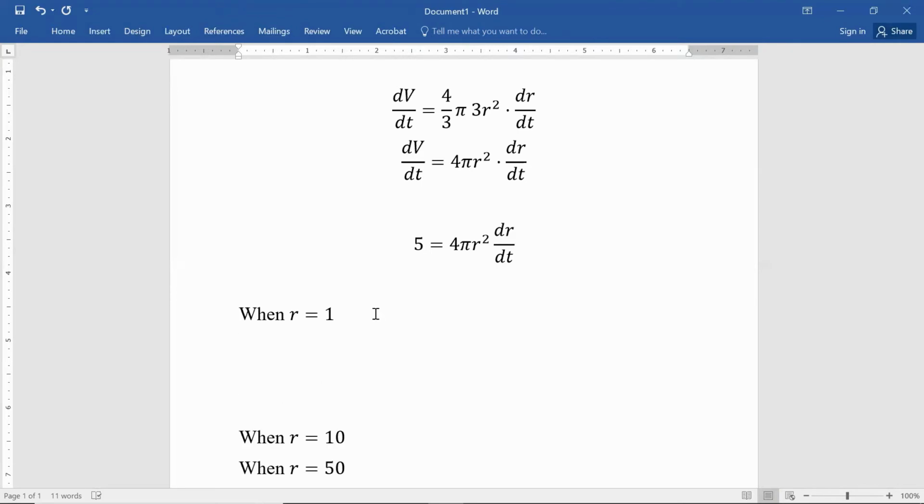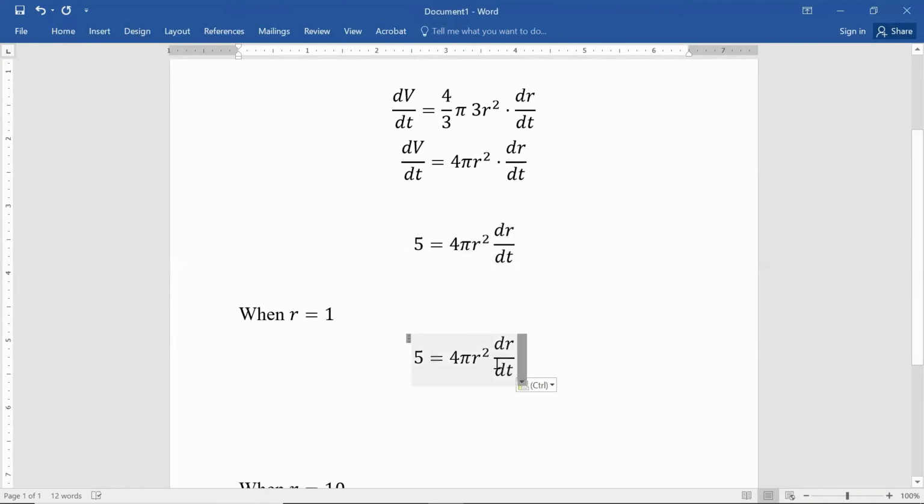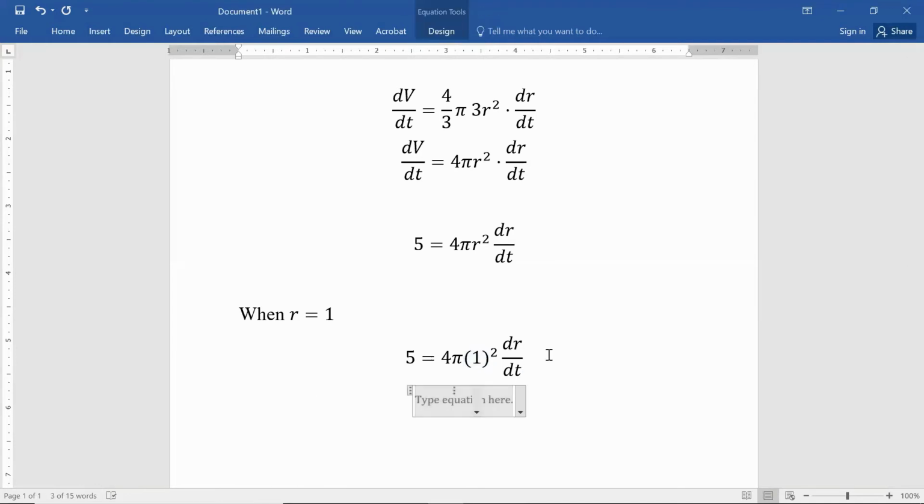Let's take when the radius is 1 centimeter. Basically, all you're going to do is plug in 1 for the radius in this equation and then solve for dr/dt. When we do that, you get 5/4 pi is equal to the change in radius with respect to time.